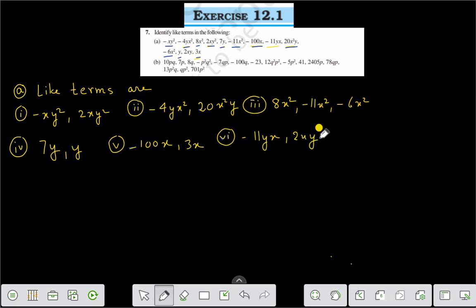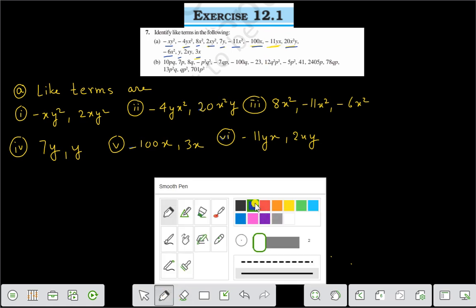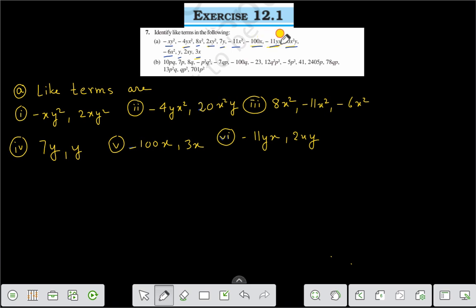Here you see that y is multiplied with x and y is multiplied with x. The power of x is same, the power of y is also same, therefore these are like terms. That is minus 11yx and also 2xy. These are like terms.